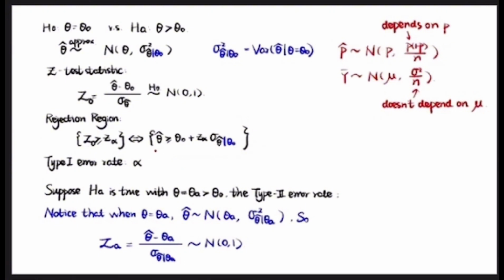we said that the type 1 error rate alpha, you can see that we've already considered type 1 error rate in our finding. Now, suppose the alternative is true. If the alternative is true, it means theta is not going to be equal to theta naught. Theta will be greater than theta naught, and here maybe we're talking about theta A, the values of the parameter assumed by the alternative.